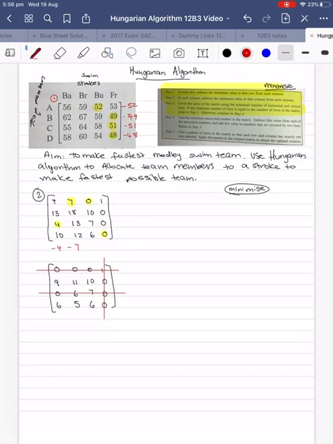Because I have less than 4, because it's a 4 by 4 matrix and I only have 3 lines, I have to do step 4. If I had 4 lines, I could go on to a final solution. This just means I don't have a 0 in every row and column, which I need.